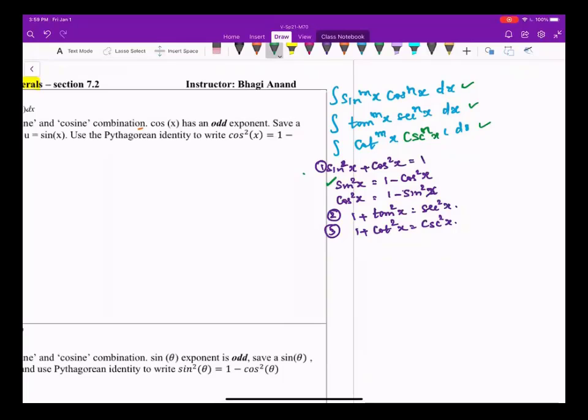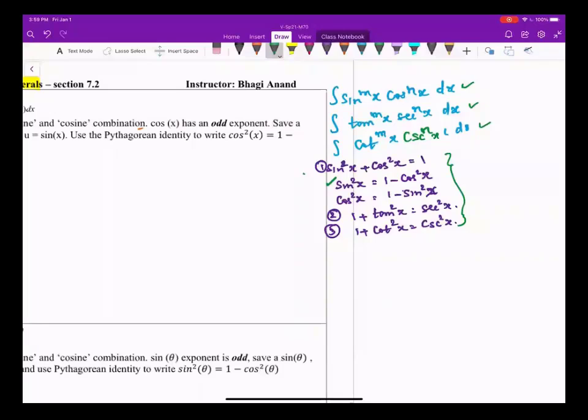So we will be using mainly lots of Pythagorean identities here, various versions of Pythagorean identities from trig class, which is sine square plus cosine square equal to 1. The variations of that: sine square, if you isolate, becomes 1 minus cosine square. If you isolate cosine square, it becomes 1 minus sine square.